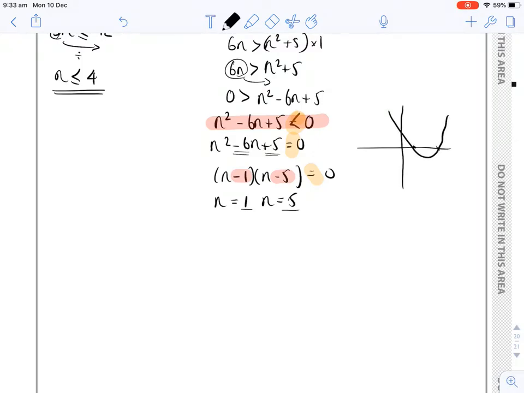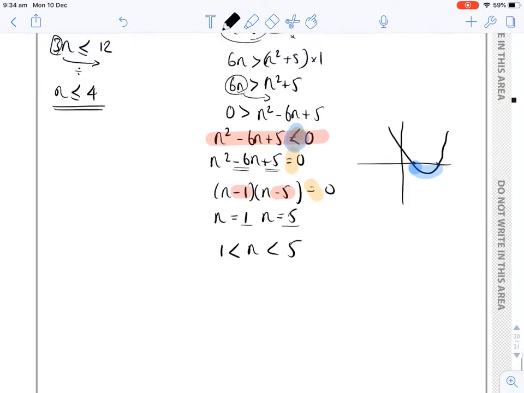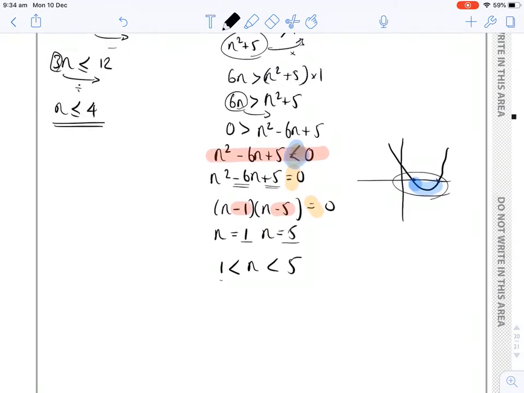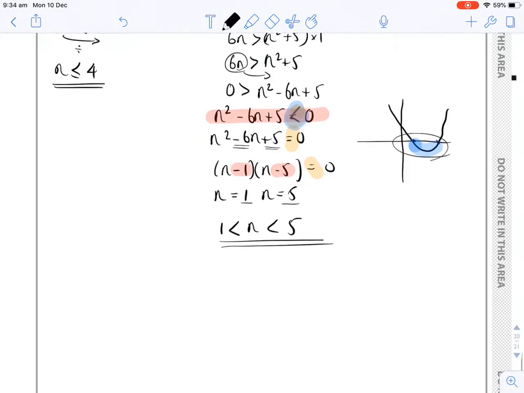And it's a U shape like that. Now we are looking for where the graph is less than 0. So that is where it is below the axis, this point here. So we're actually looking for where n is in between 1 and 5, because that is where the graph is below the axis. So we've now solved our two inequalities and we need to find out what works for both.